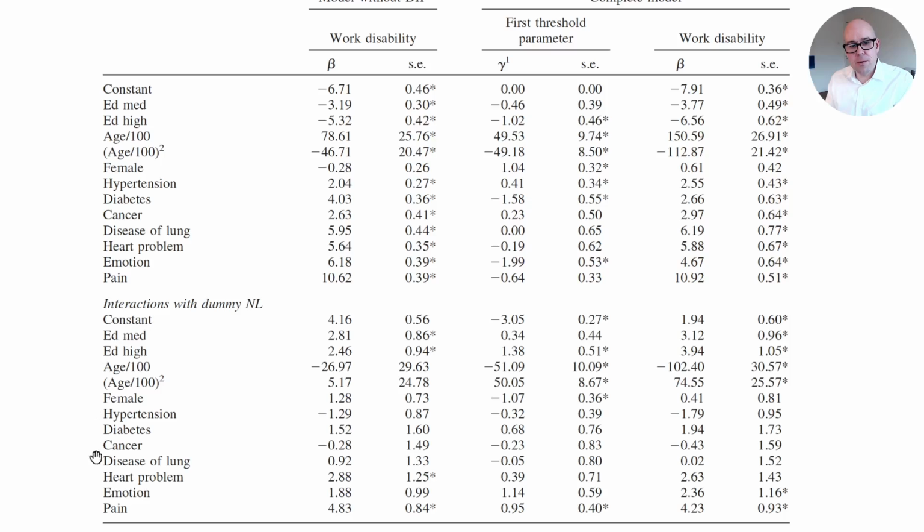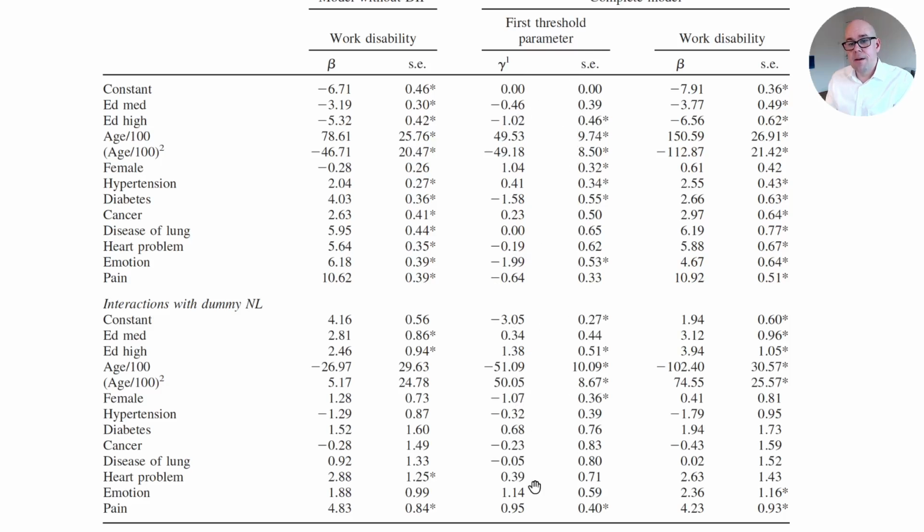So what this shows us is how reports differ between the Netherlands and the US. The interaction with the dummy for the Netherlands tells us how much more or less likely people say that they're disabled when they're, for instance, female in the Netherlands vis-a-vis the US.